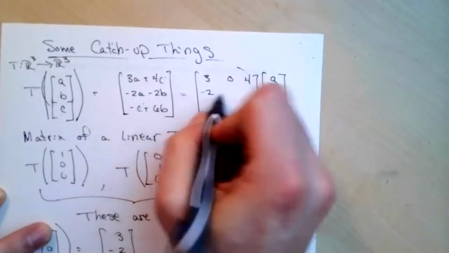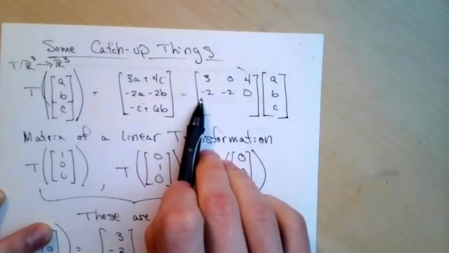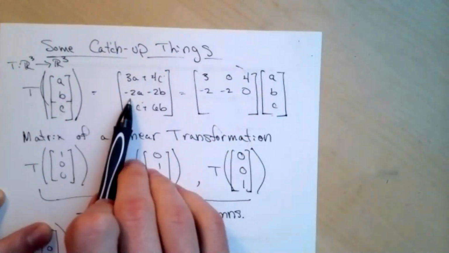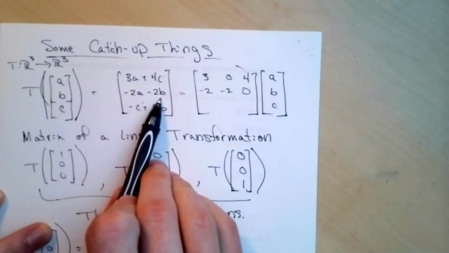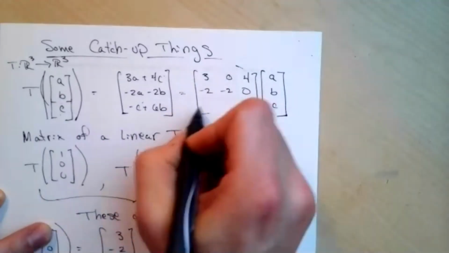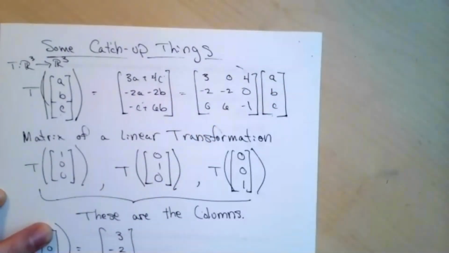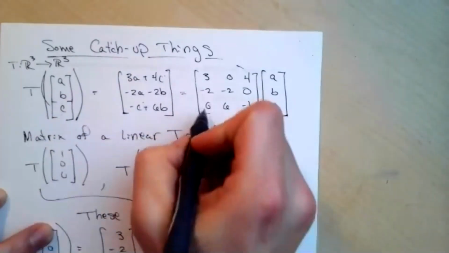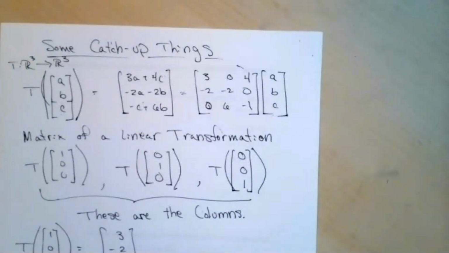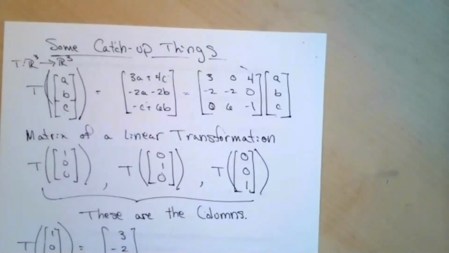Here we have 2 copies of A, negative 2 copies of B, and 0 copies of C. Second row times my vector will give me 2A minus 2B. Third row, careful of the order, but we have 0 copies of A, 6 copies of B, and minus 1 copy of C. That is the quicker way to come up with the matrix of a linear transformation when the linear transformation is explicitly described as such.